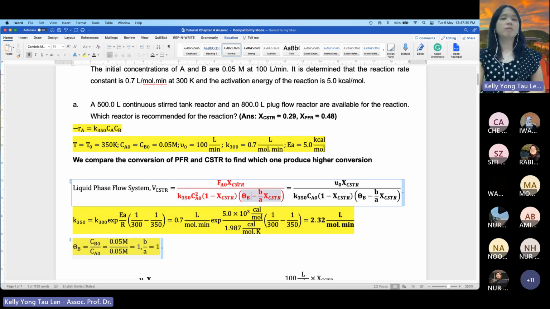This is the equation given to you, where volume of the CSTR equals FA naught multiplied by X, the conversion in the CSTR, over K at 350, because our reaction is at 350, CA naught to the power of 2, times (1 minus X), times (theta B minus B over A times X). If you wonder how this equation comes about, check chapter 4; you must really know which equation.